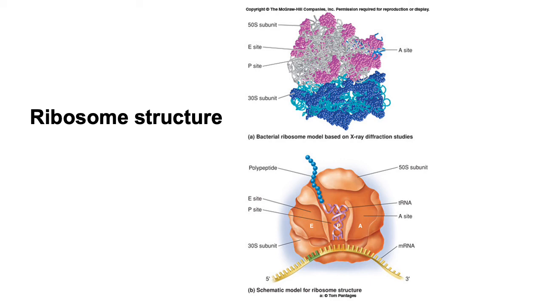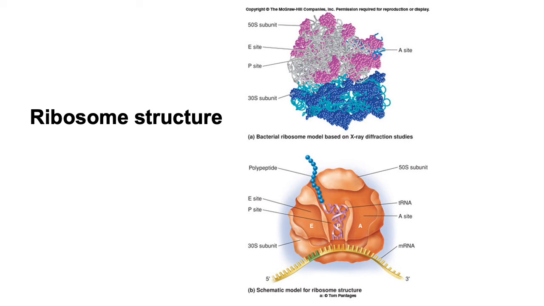The ribosome is basically a complex of two different subunits. There's a large subunit, which is the one on the top, the purple and gray one in the top diagram, and the small subunit is the one on the bottom in those two different colored blues. So you have a large subunit and a small subunit of the ribosome.